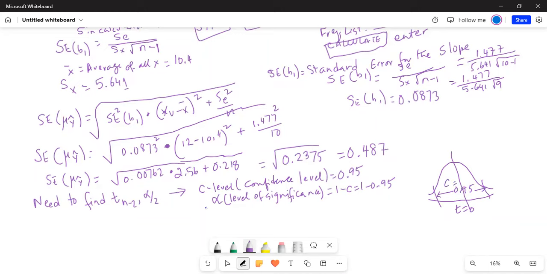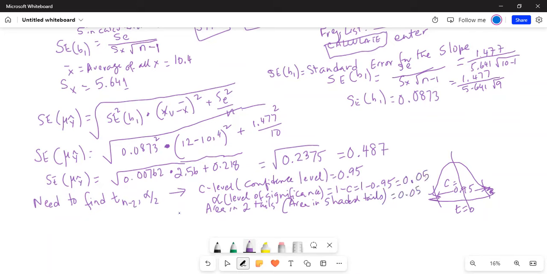What is left is in the two tails. So the area in the two tails, that means this shaded region plus this shaded region, is 1 minus 0.95, which is 0.05.